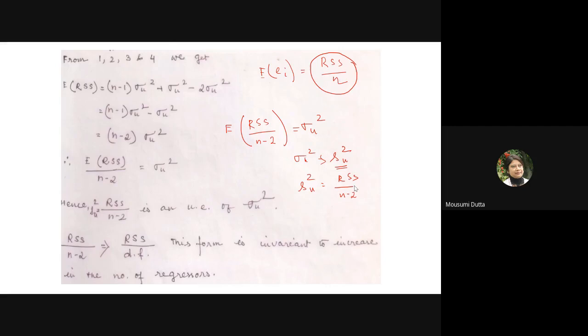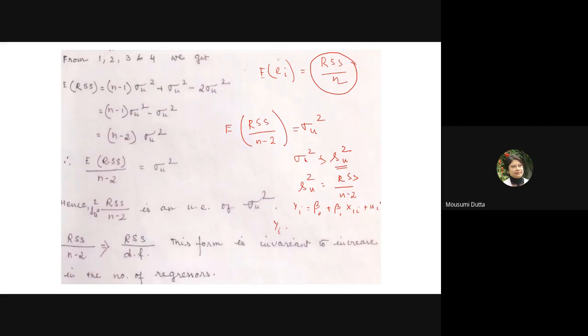And this form is invariant to an increase in the number of regressors. What I am saying is that this formula, RSS by degrees of freedom, will remain unchanged if I increase the number of explanatory variables. First, here I am considering this kind of regression model.